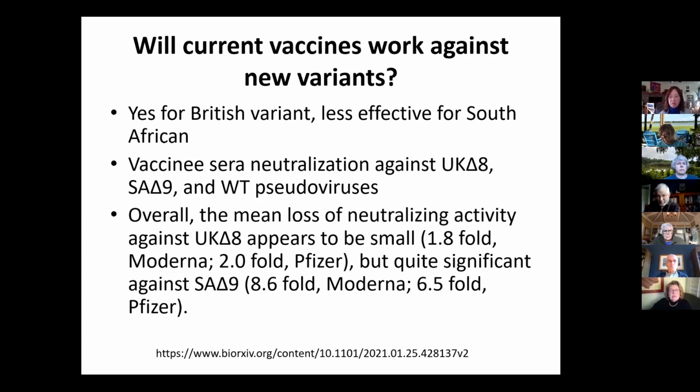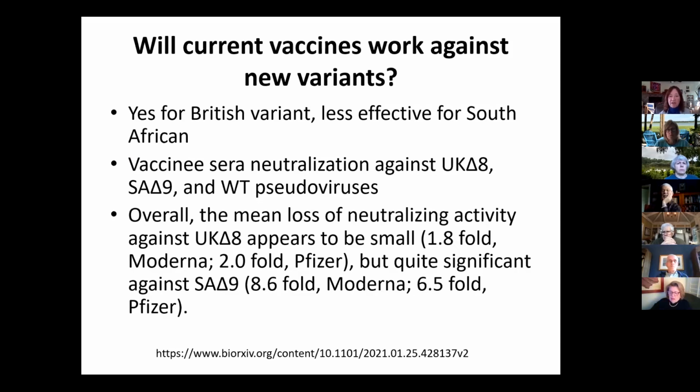But let me tell you a little bit about how they do these studies. They take serum from people who have had the vaccine, and they look at it in the test tube to see whether they have neutralizing antibodies against these. They make pseudoviruses. It's dangerous to deal with these viruses in the laboratory. So they make fake viruses.